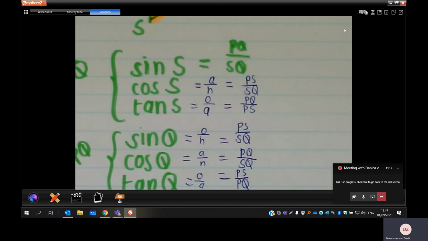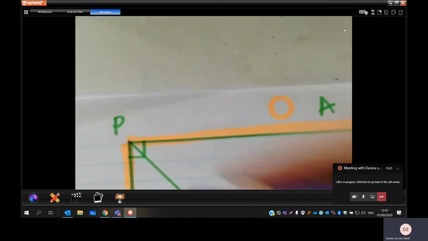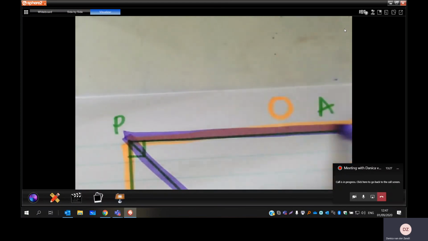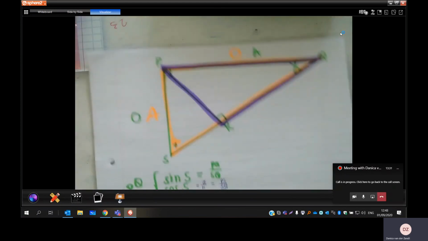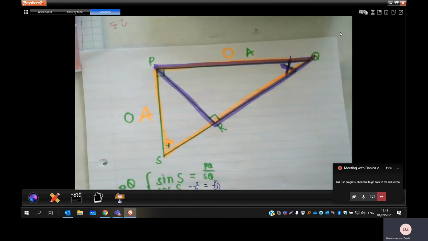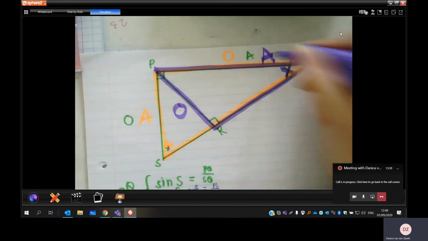And now I'm looking at my smaller triangle for the next three. So I'm going to highlight my smaller triangle in purple. My reference angle is Q. So there is opposite, there is adjacent.